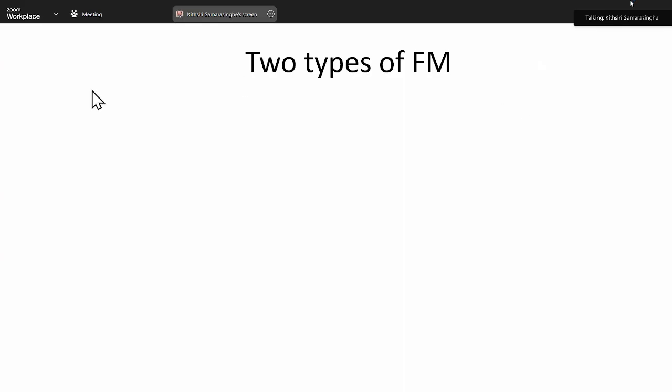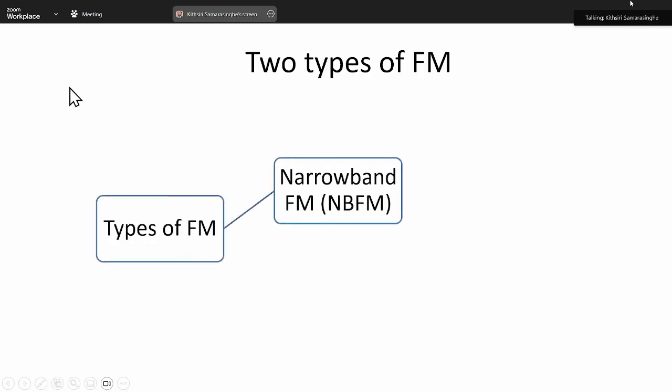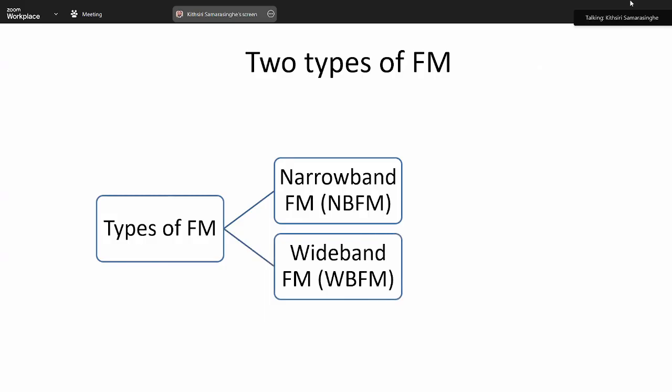2 types of FM are possible. There's one type we can achieve mathematically, we will see in a moment. One called narrow band FM, let us call it NBFM. And the opposite is wide band FM, WBFM. What's the difference?